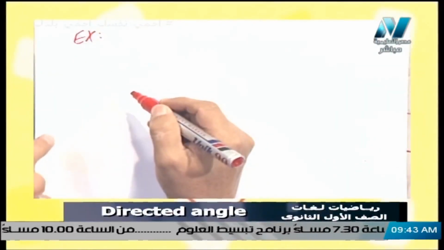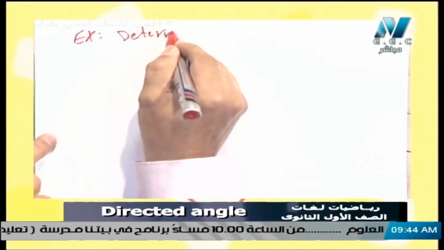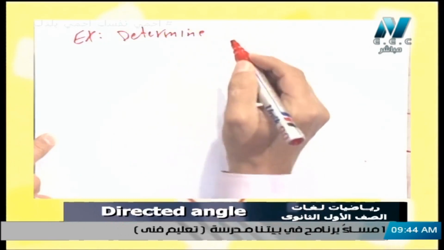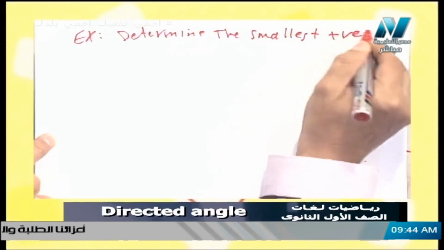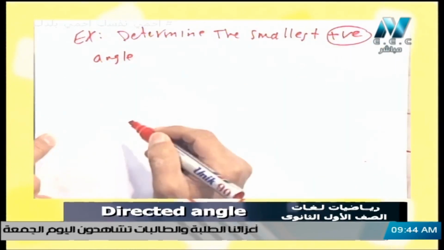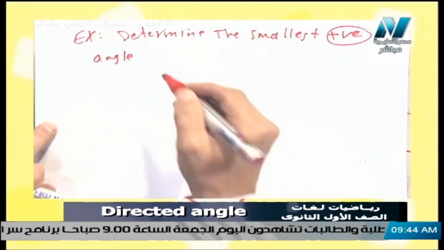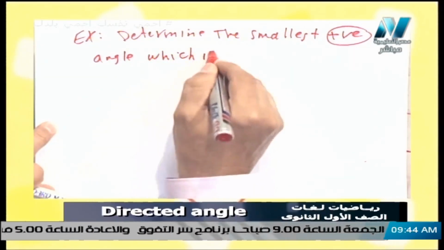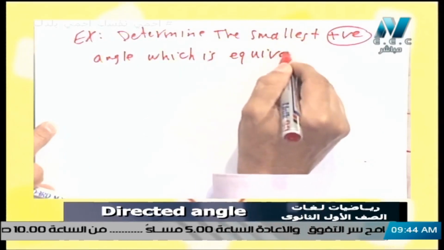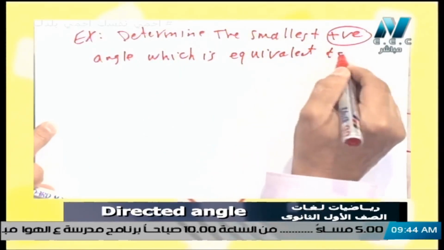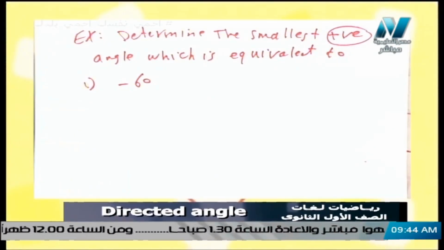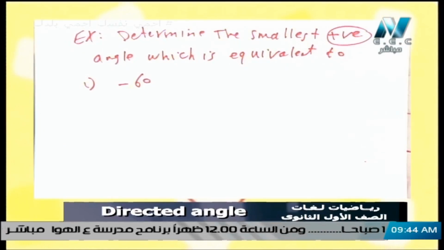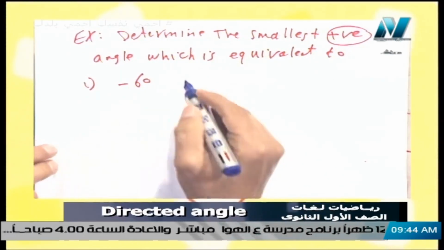We have an exercise. Determine the smallest positive angle which is equivalent to number 1, the angle negative 60. We now try to find the smallest positive angle which is equivalent to negative 60.